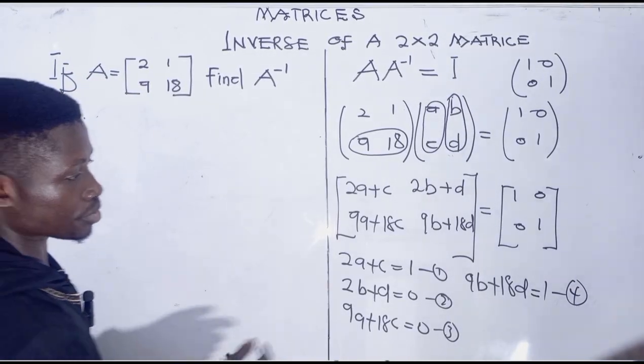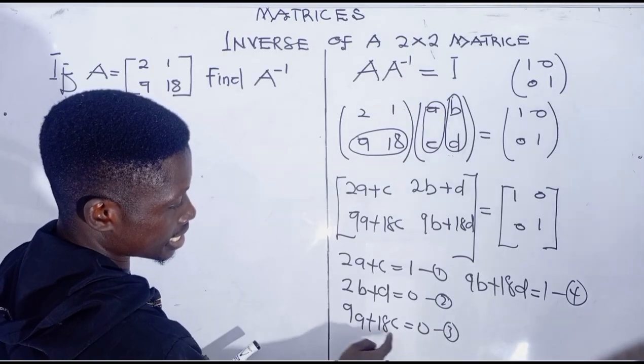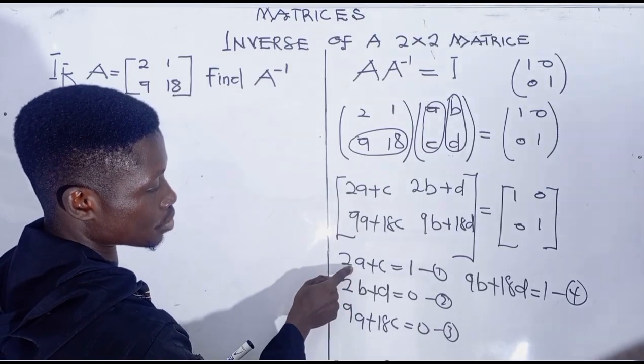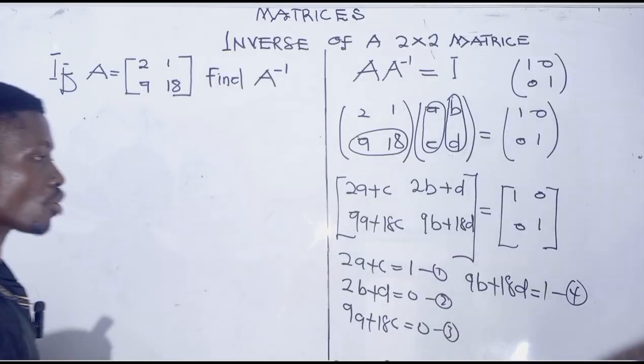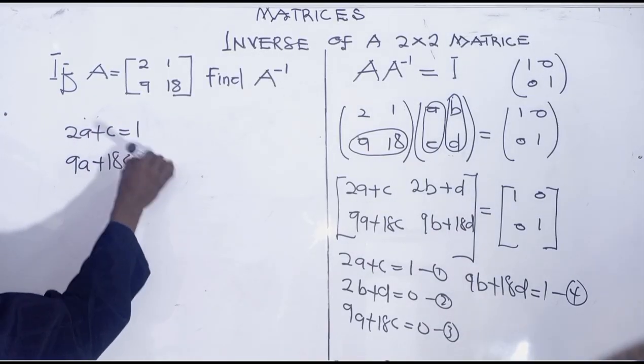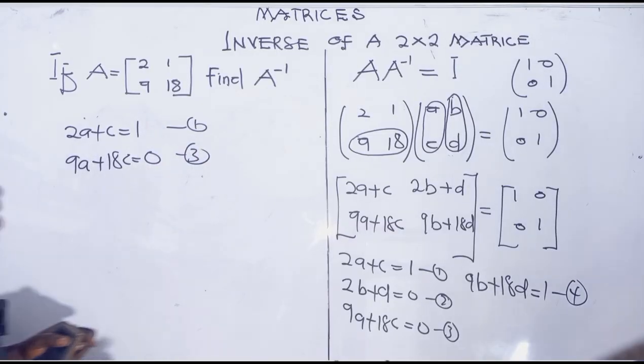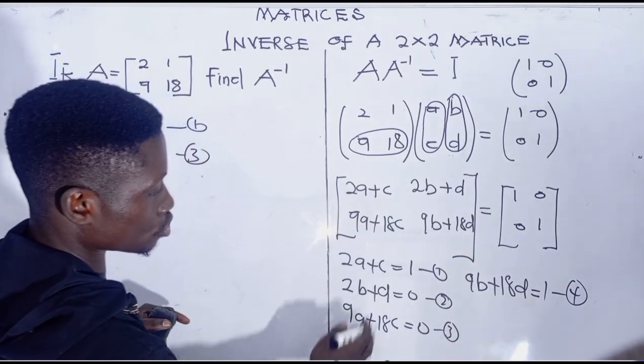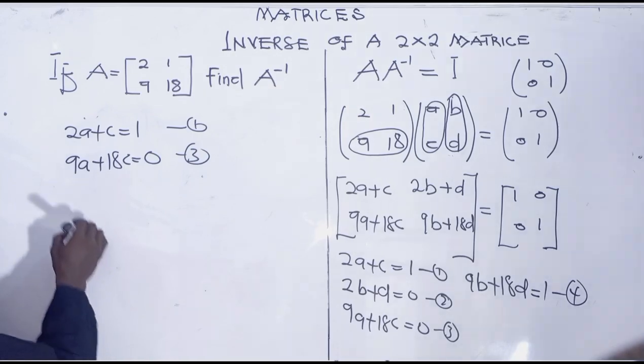Now looking at the variables, we have A and C in equations 1 and 3. So we can pick equation 1 and equation 3 and solve them simultaneously. Then we come and pick equation 4 and equation 2. We solve them simultaneously.